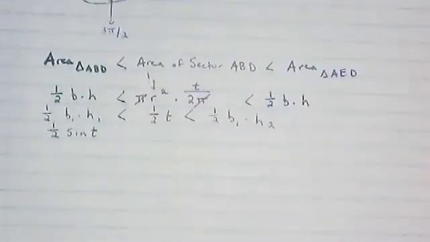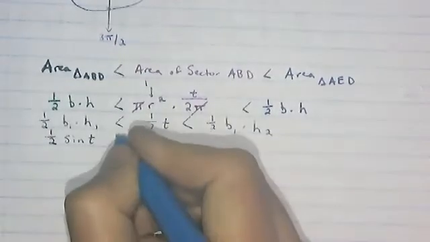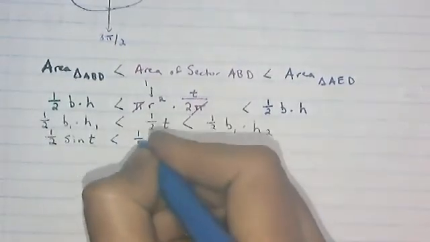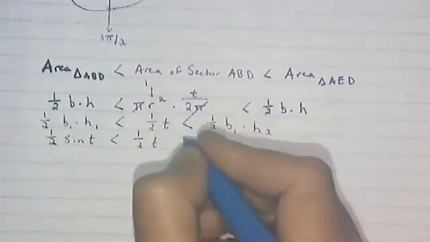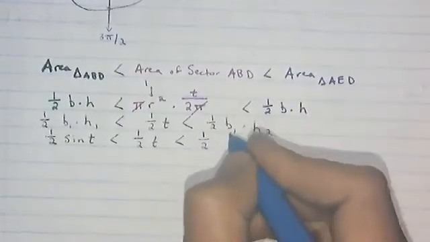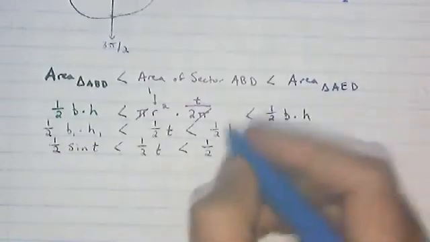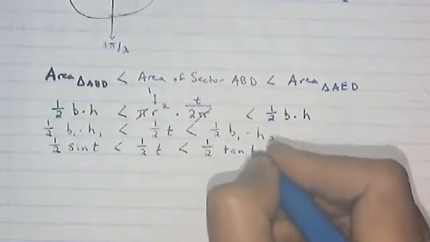So then we fill that in. We have 1/2 the sine of t is less than 1/2 t, which in turn is less than 1/2 times b sub 1, which is still 1, and then we just figured out that h sub 2 is in fact the tangent of t.